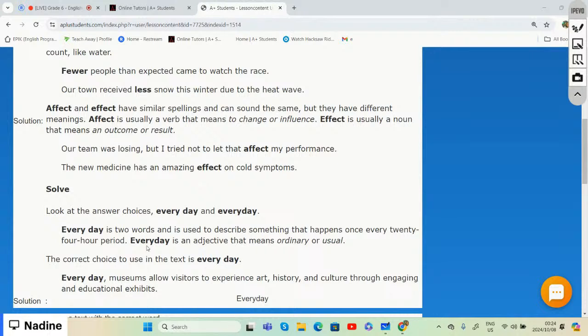All right. And remember, we said that there are certain words that are frequently confused because we use the same word in different contexts. But the spelling can be wrong, and how it's used can be wrong also.